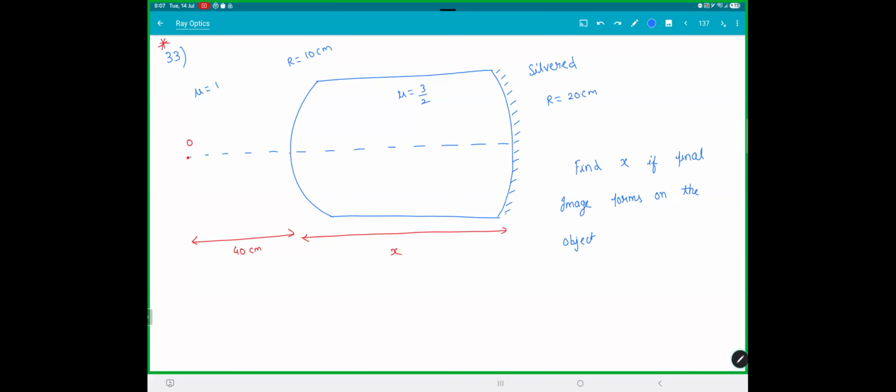So this image forming on the object itself is a very standard and very important question. They come a lot.